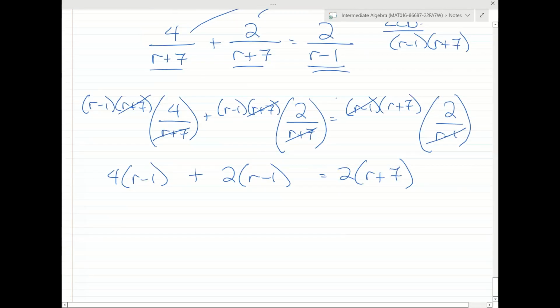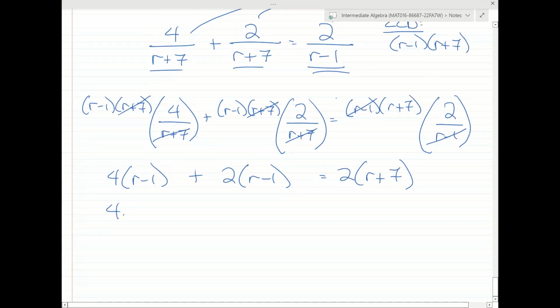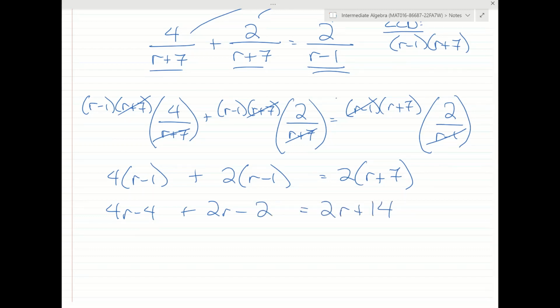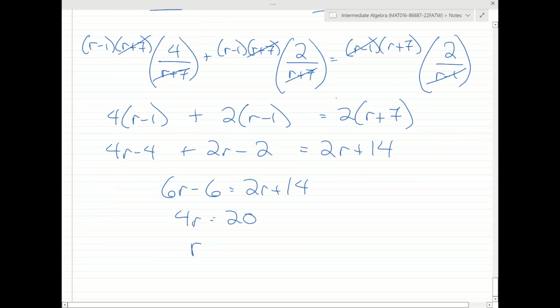Finishing this up here, we get 4r minus 4 plus 2r minus 2 is equal to 2r plus 14. We'll get 6r minus 6 is equal to 2r plus 14, bringing the 2r over and the 6 to get r is equal to 5.